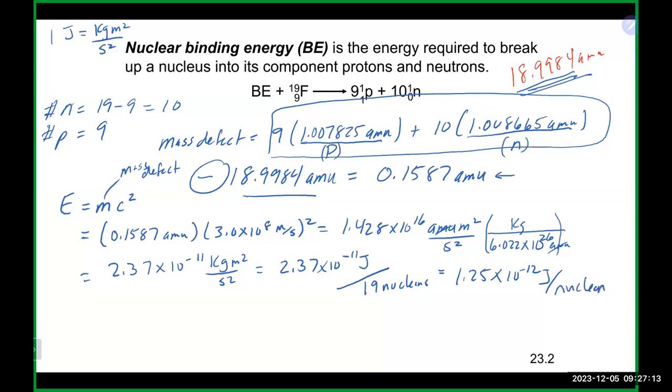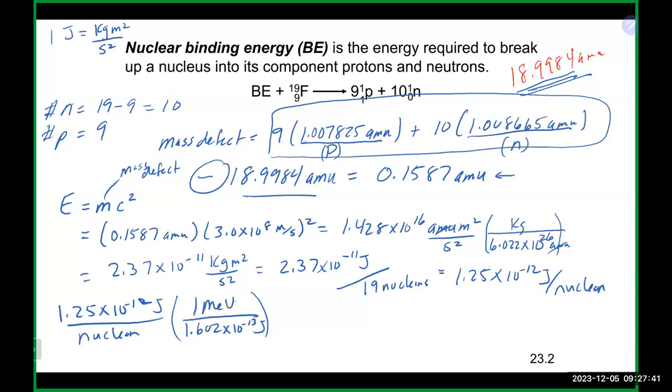Now, another way that binding energy is sometimes given is in mega electron volts per nucleon. So I could also use some of the conversions that we saw earlier. There are 1.602 times 10 to the minus 13 joules per mega electron volt. Again, this was on the previous slide.